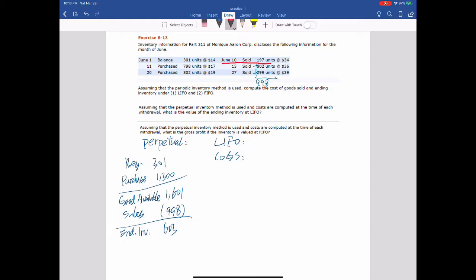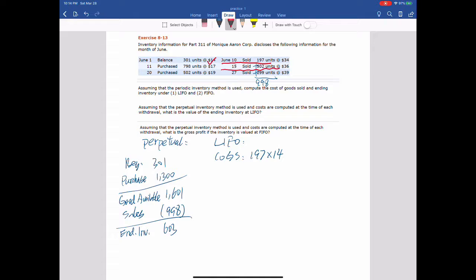On June 10th, we do not have information about purchases after June 10th, so the beginning balance is the only inventory available. So the 197 sold will be at $14.